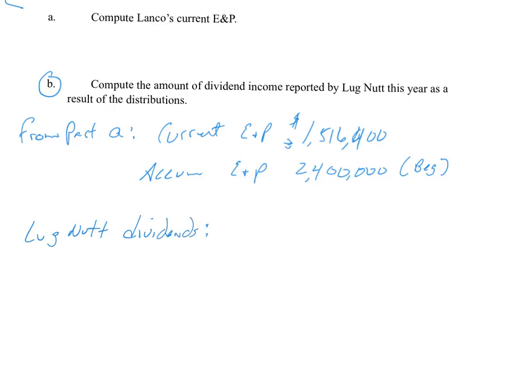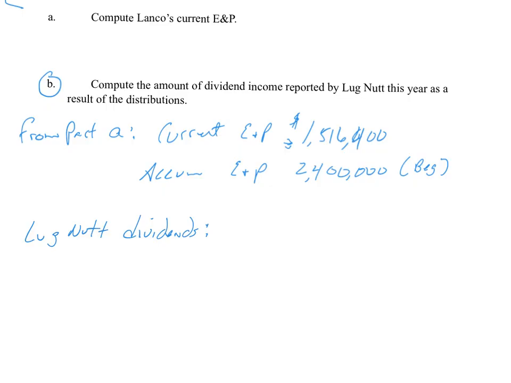Remember that distributions are considered dividends, most simply, to the extent that they do not exceed current earnings and profits, if current earnings and profits are positive. And in this situation, current earnings and profits are positive.